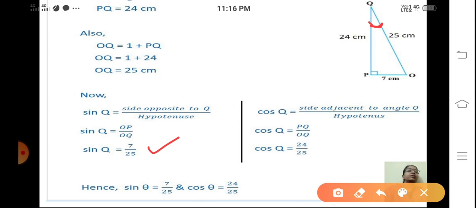Let us calculate cos Q. Definition is adjacent side upon hypotenuse. Adjacent side is PQ upon OQ. So cos Q is equal to PQ length 24 and OQ 25. So in this way you will have sin Q 7 upon 25 and cos Q 24 upon 25.